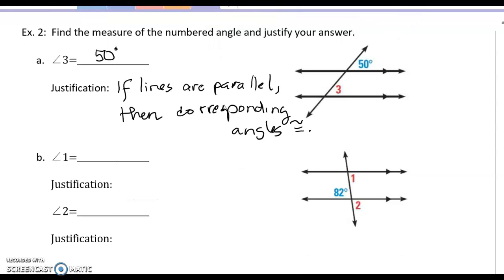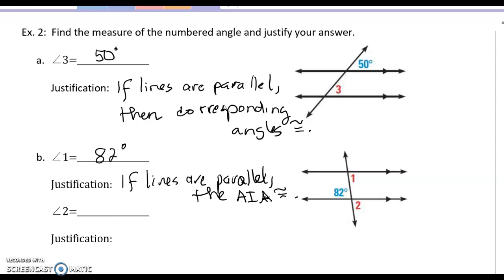Looking at the next picture, angle 1, how is it related to the angle that has a degree measurement? Well, those two angles are alternate interior angles. And because it's a set of parallel lines cut by a transversal, that means that alternate interior angles are congruent.